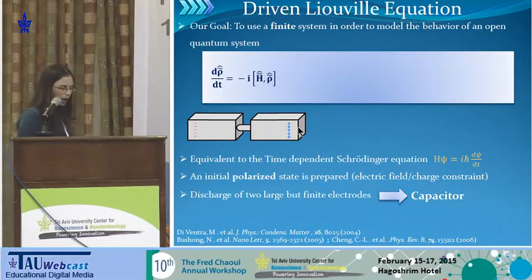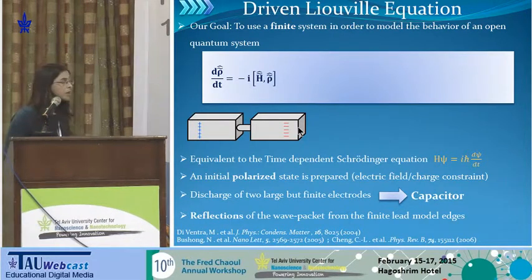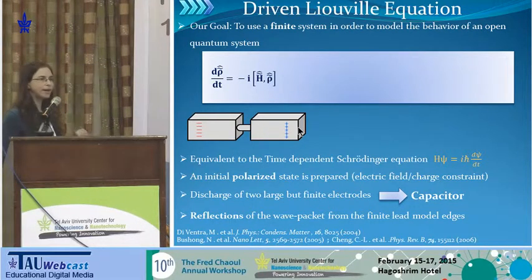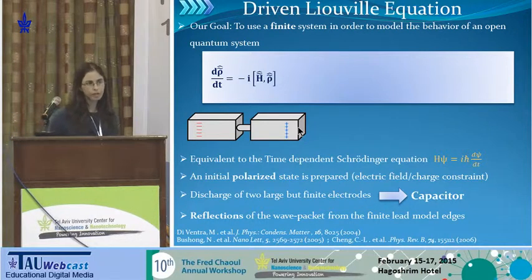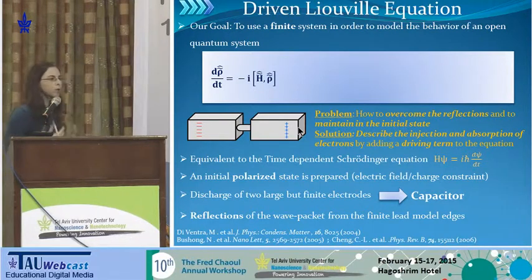So now we have the negative charge on the right side and the positive charge on the left side. But this is a closed system, meaning as the wave packet reaches the edges of the lead models, we will see reflections of the wave packet back to the molecule. And as a result, we again have the negative charge on the left side and the positive charge on the right side.